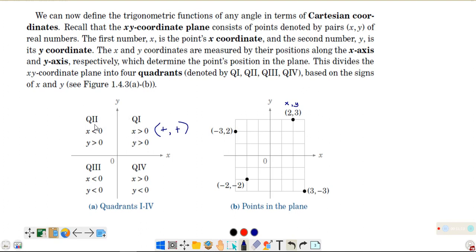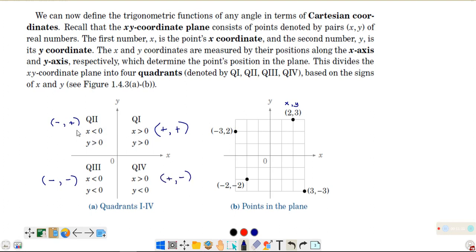Counterclockwise tayo. Dito na tayo sa susunod, quadrant 2. These are negative x and positive y. Counterclockwise ulit. Dito na tayo sa quadrant 3. These are negative x and negative y. Kaya siya x is less than 0, y is less than 0. And quadrant 4, that is positive na si x at negative naman si y.